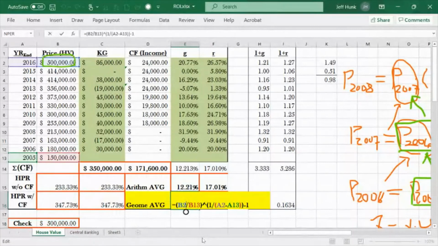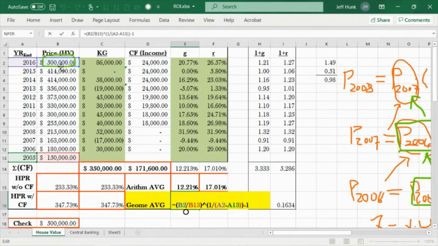You shouldn't enter any numerical data in the formula. I don't use any numerical data there because B2 is there, B13 is there already. If you enter numerical data, it is redundant.